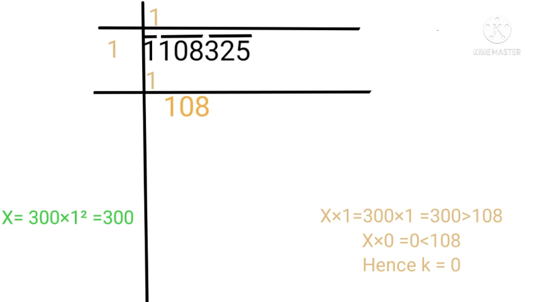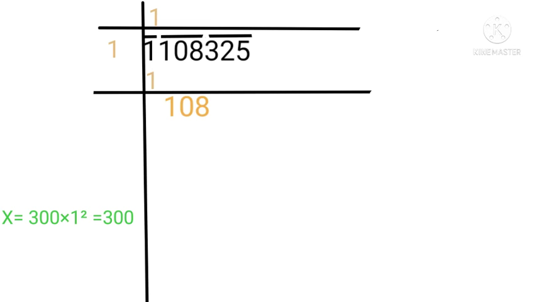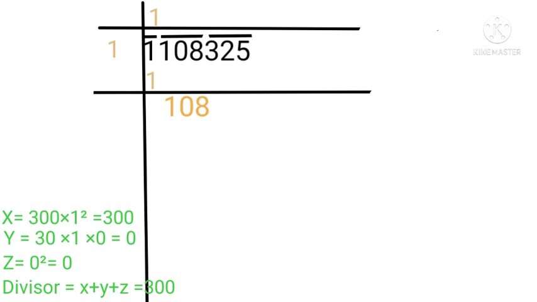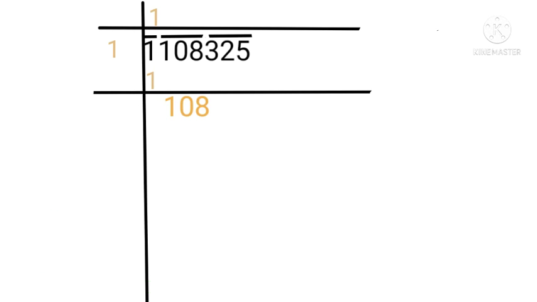Since our x is 300, x multiplied by 1 is 300, which is greater than 108. So we can multiply x with only 0 to get a number less than our dividend, that is 0. So here our k is going to be 0. Substituting k equal to 0, we get x, y and z as 300, 0 and 0 respectively. So our divisor is x plus y plus z equal to 300.